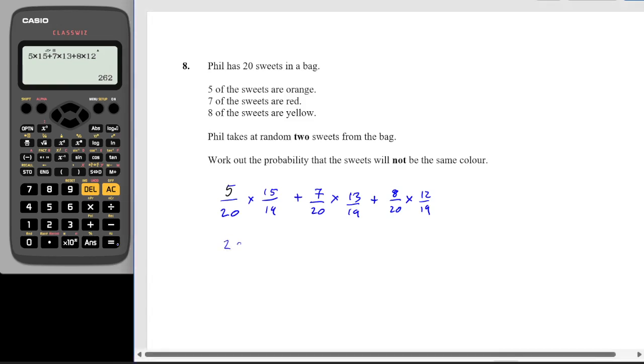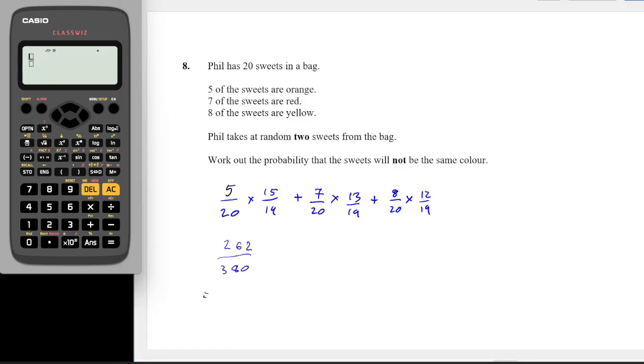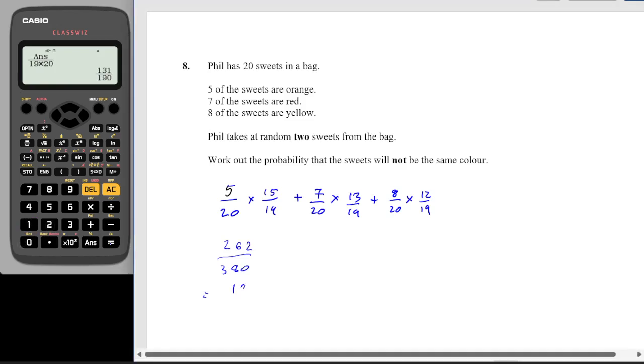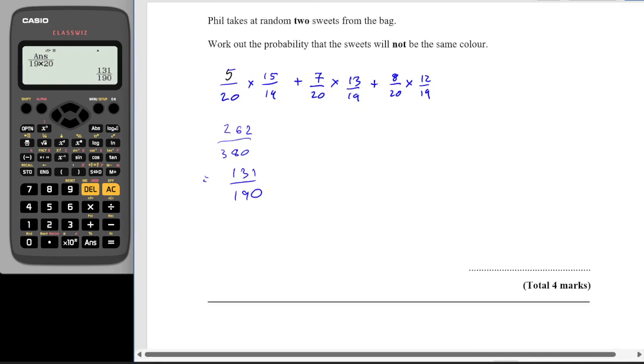So it's going to be 262 over 380. And then my calculator will cancel that down for me, to 131 over 190. So there we go, 131 over 190. Could go decimal, but I would leave it as a fraction.